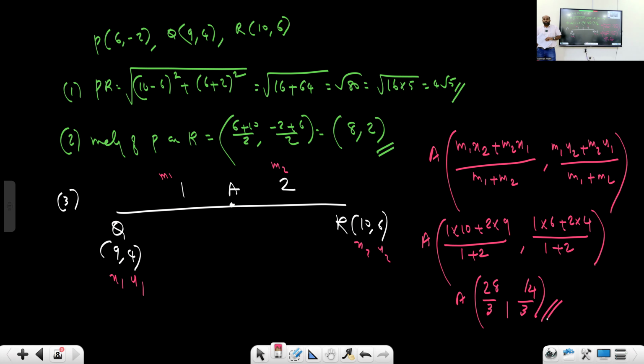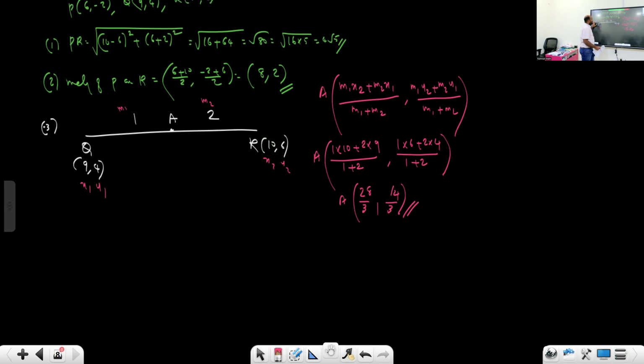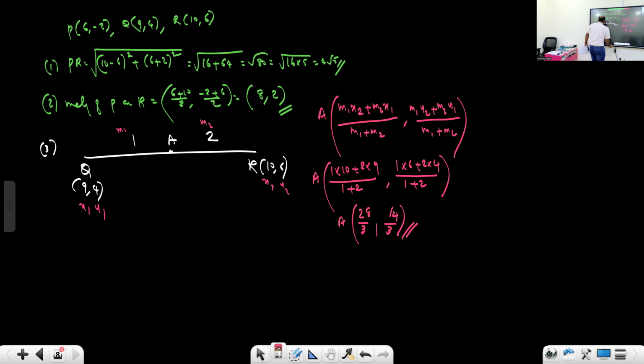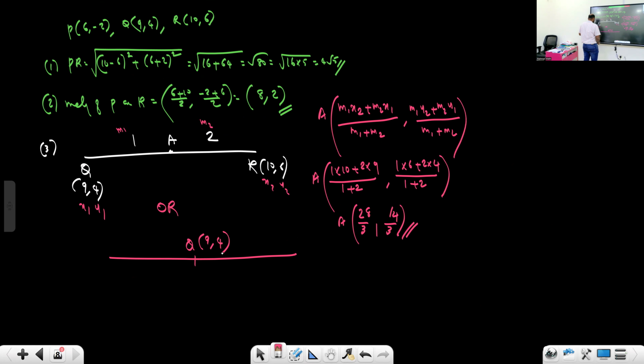Find the ratio. Whenever they are asking ratio, what we used to take? K:1. Another diagram. Anybody have doubt, ask me. Here Q coordinate already we have 9, 4. P coordinate is 6, minus 2. R coordinate divides in what ratio?